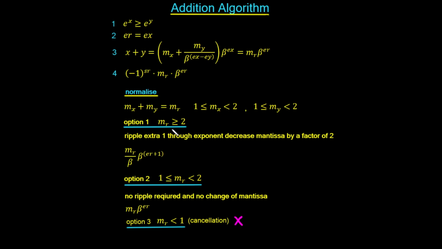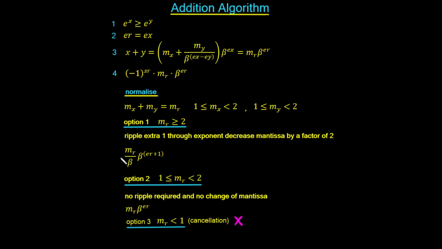In that instance, we're going to have to ripple the extra 1 through the exponent, that is, increase the exponent by a value of 1, and we're going to have to decrease the mantissa by that same factor. Increasing the exponent by 1 means doubling it, so to compensate, we're going to have to decrease the mantissa by a factor of 2, meaning we're going to have to halve it.